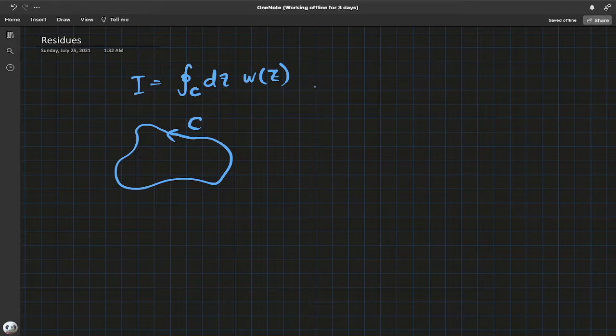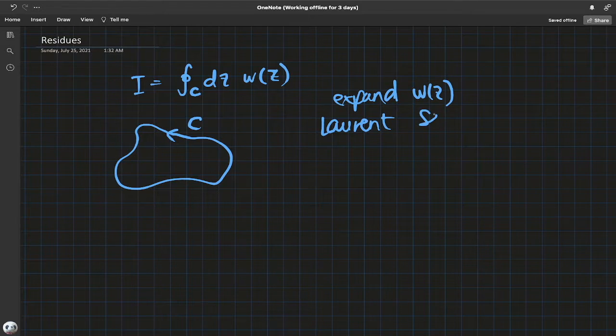I'm assuming that we can expand the function w of z in terms of a Laurent series. We can do this under the assumption that contour C is within the region of convergence.